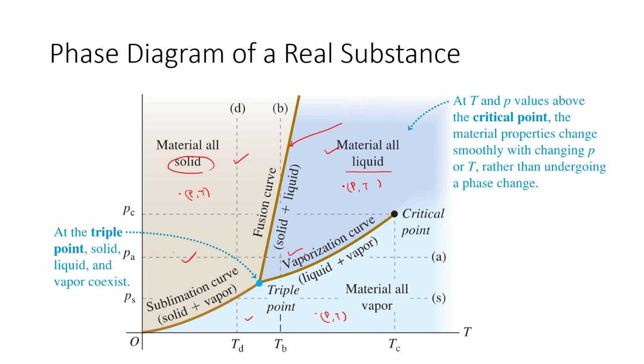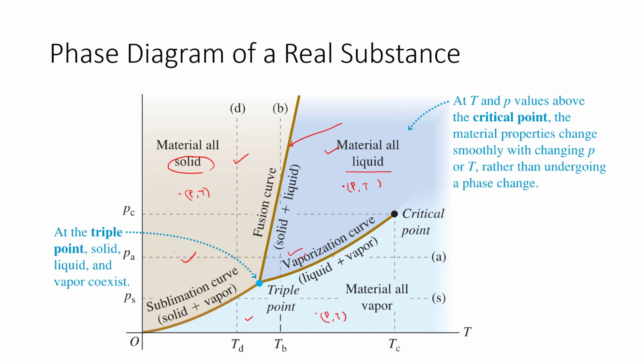So at this temperature there would be melting of the substance from solid to liquid, and then at this temperature we get vaporization of the liquid.